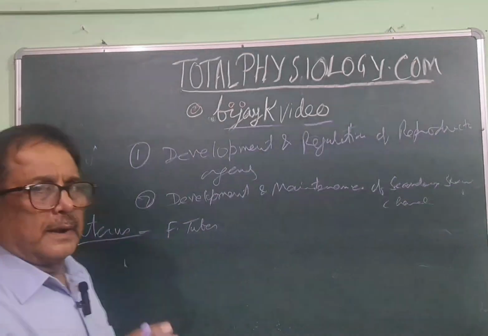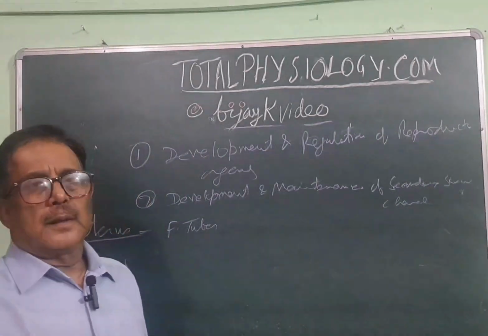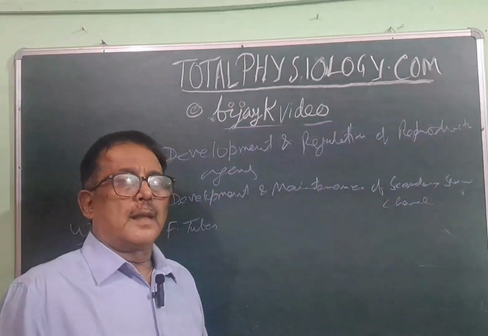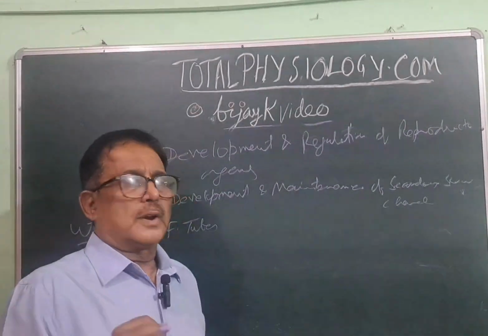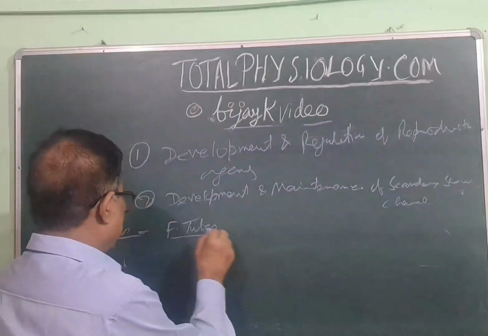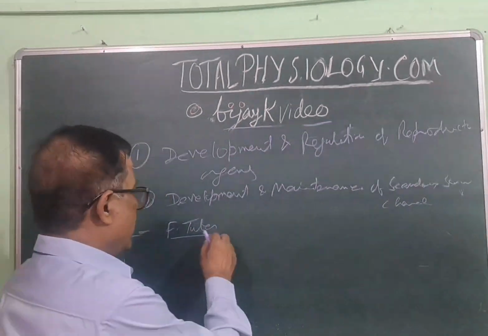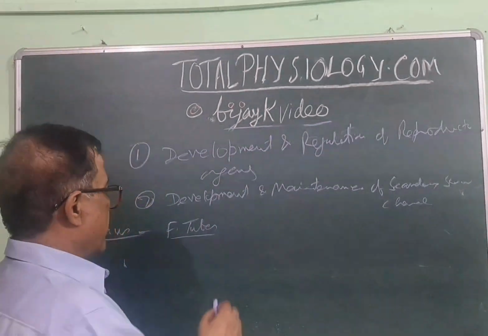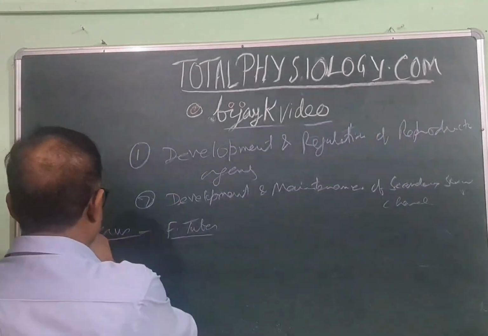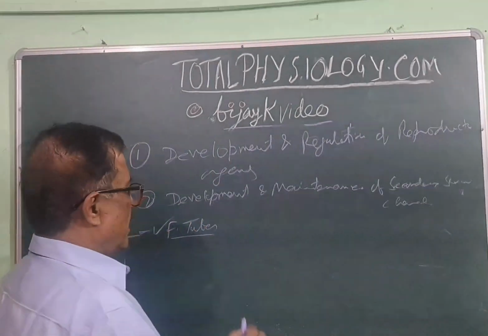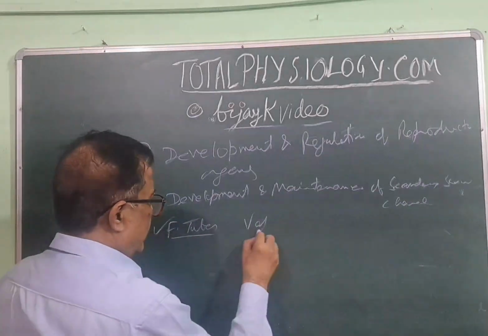It causes increased motility of fallopian tubes. The smooth muscles of the fallopian tube contract and this helps in movement of sperm towards the ovary. Then vagina.